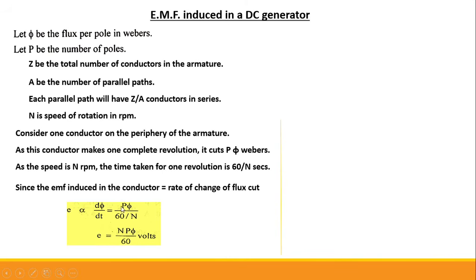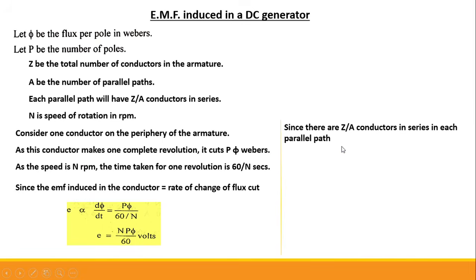Then instead of writing dt, you can take 60 by N. Why? As the speed is N RPM, the time taken for one revolution is 60 divided by N. You can rearrange the equation, that is EMF is equal to N P phi divided by 60 volts. It is for one conductor.